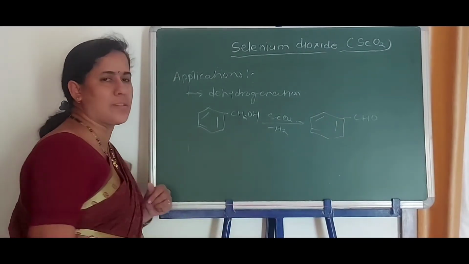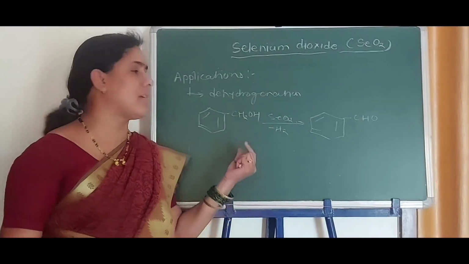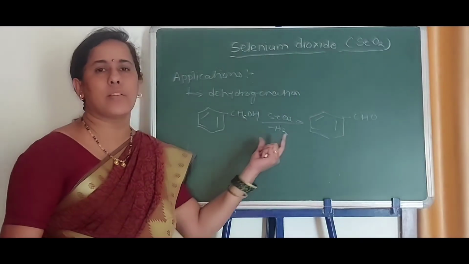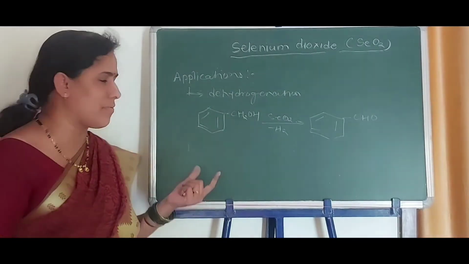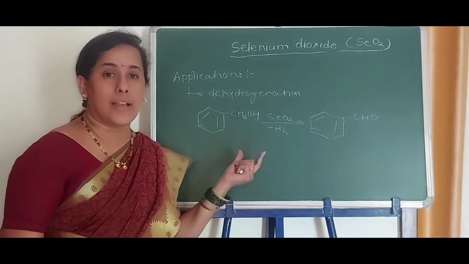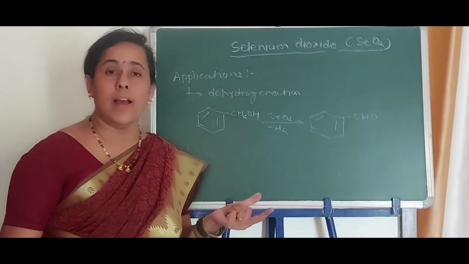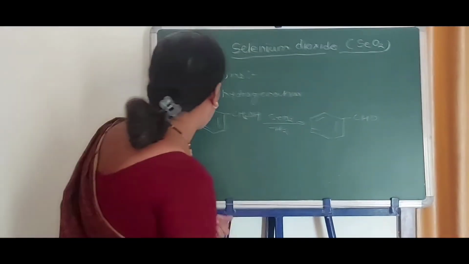Already you know this structure. Again, there is a reaction where acetic acid is converted into succinic acid when 2 moles of acetic acid are taken. And the last application is that it acts as a catalyst when taken together with hydrogen peroxide. So one by one we will see these applications.